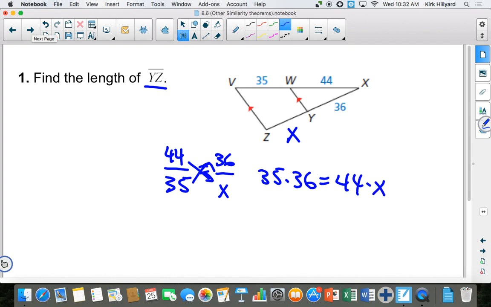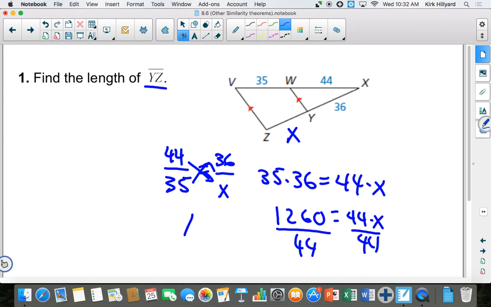So if you go ahead and solve that, 35 times 36 is 1,260, and we divide that by 44, and we get 28.64. So x equals 28.64. Depends on if they wanted it rounded to the nearest hundredths or whatever. But you should look at it and also say, yeah, that makes sense. That's a decent value for that length.